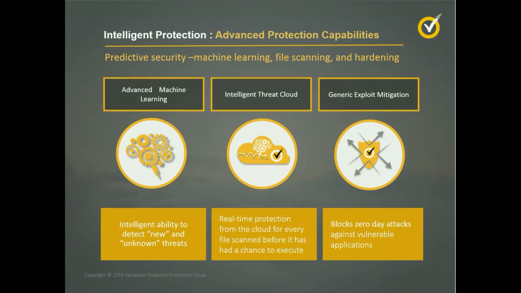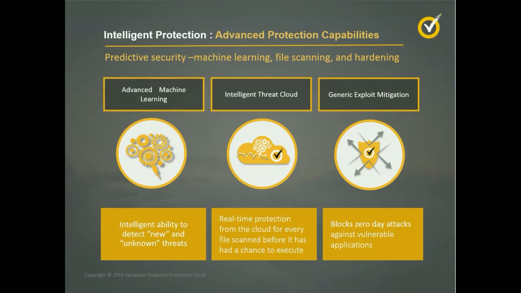The first of these technologies is our advanced machine learning technology. Now, Symantec has been leveraging machine learning technology for quite a while on the back end of our service. But in this release of our endpoint protection product, we're actually adding this intelligence, we're expanding it into the client side of things as well.